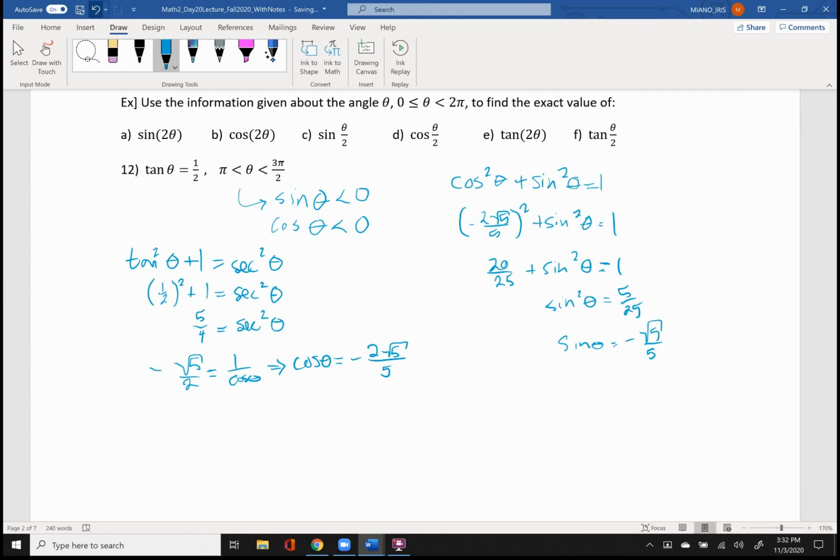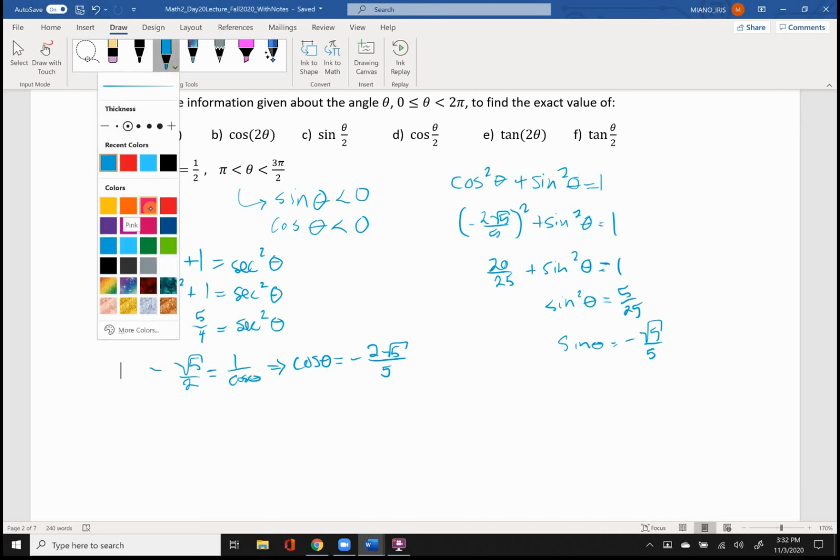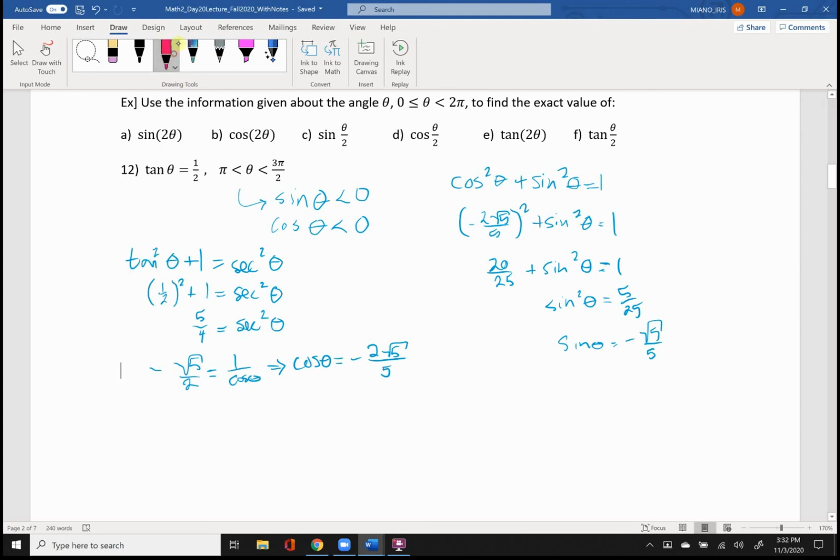So we can at least get started with finding the value for part A. So I'll go ahead and change the color now that I'm working on a legit part. So part A, we'll do that in pink. So that'll be sine of 2 theta equals 2 sine theta cosine theta.